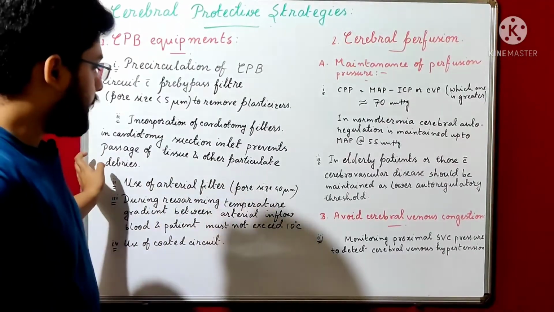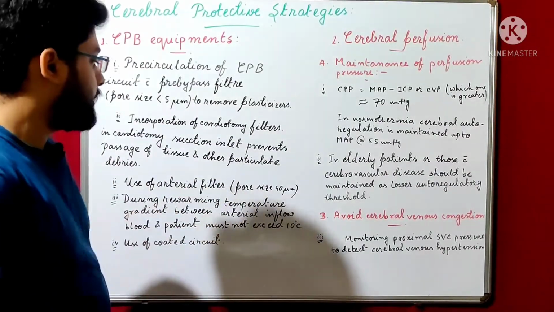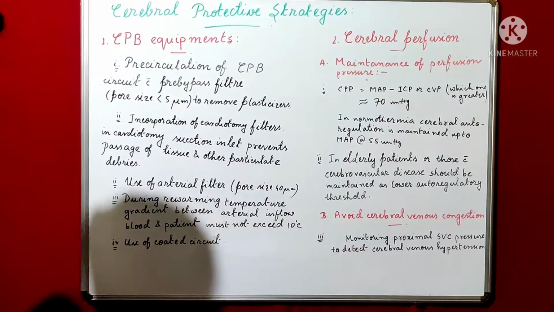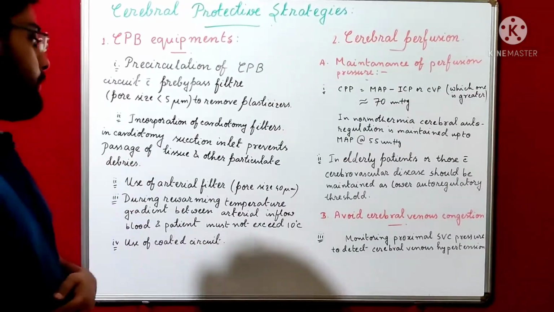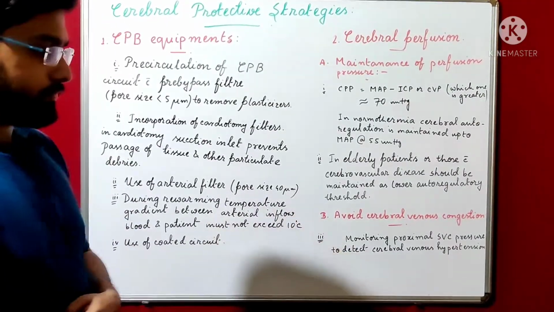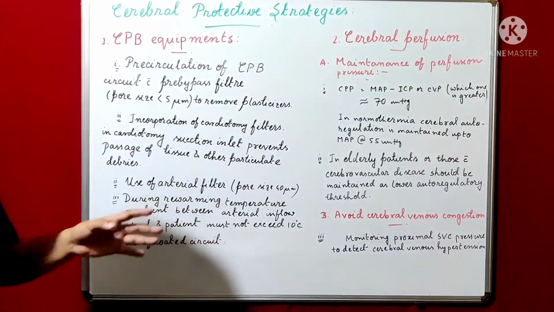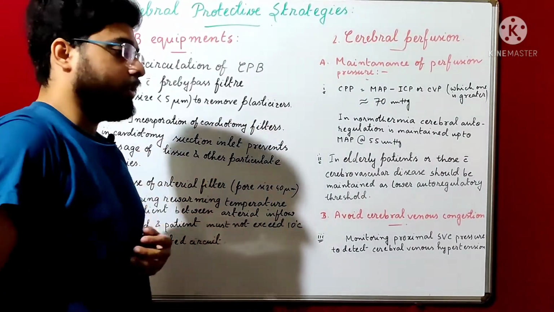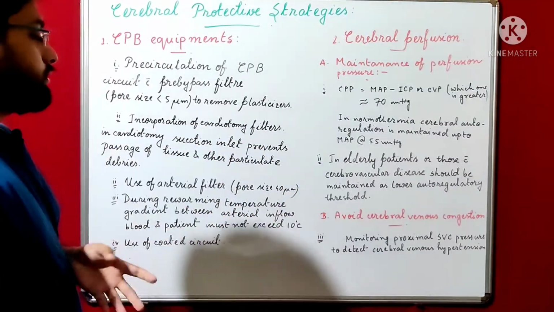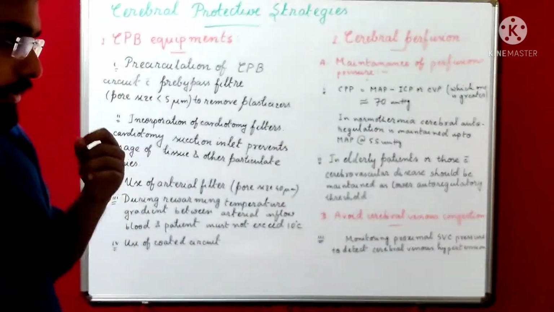Next, during rewarming, the temperature gradient between arterial inflow of the patient and outflow must not exceed 10 degrees. You all know that with temperature, solubility of gas changes. The lower the temperature, the higher the solubility.